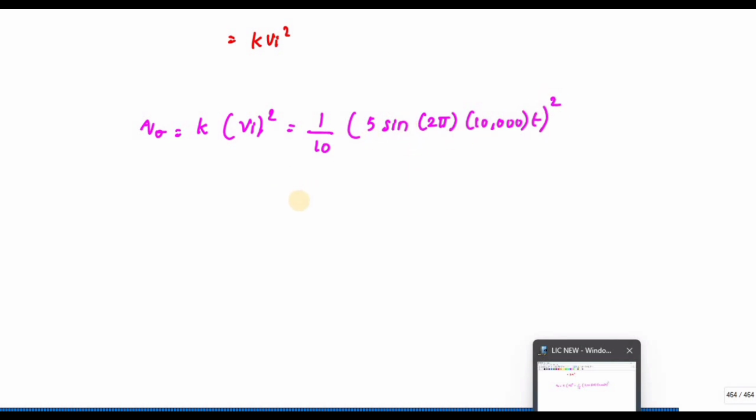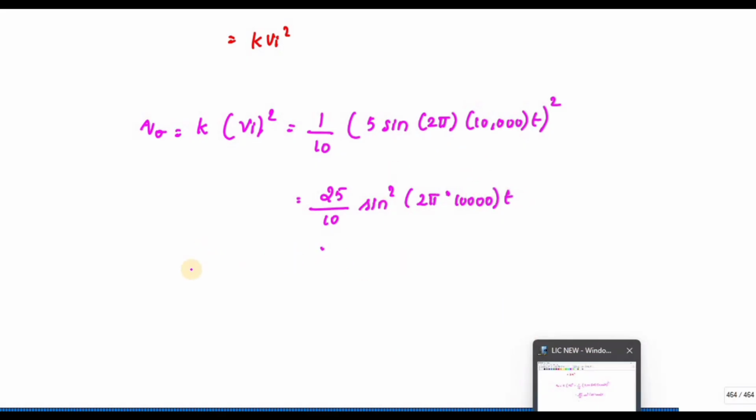So, I can write this as 25 divided by 10 into sine square 2 pi into 10,000 t, right?